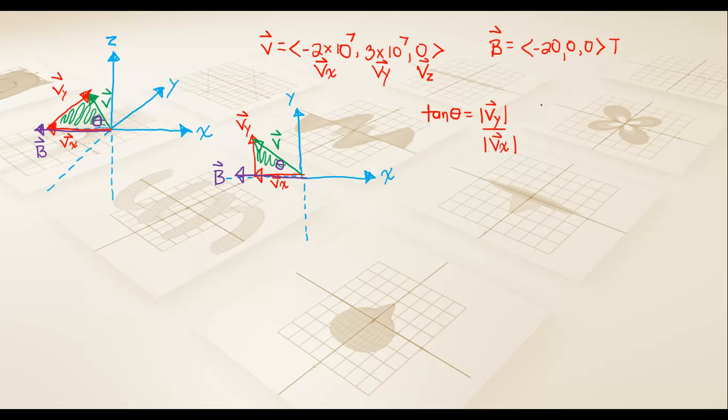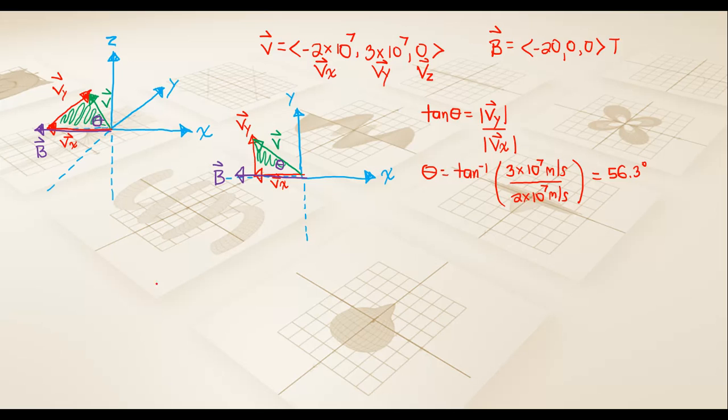If we plug the numbers in, theta would be equal to the inverse tan of, we're just doing magnitude here, vy is 3 times 10 to the 7 meters per second, divided by 2 times 10 to the 7 meters per second. That gives me an angle theta equal to, let's give one decimal place, 56.3 degrees.